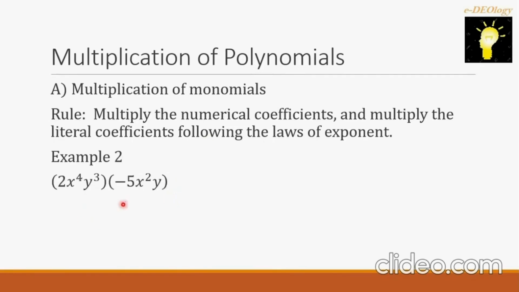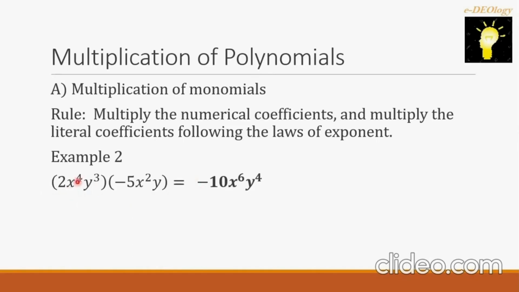Second example, 2x raised to 4 y cubed times the negative 5x squared y. So the parenthesis here denotes multiplication. So we will multiply the numbers. The 2 times the negative 5, we will get negative 10.